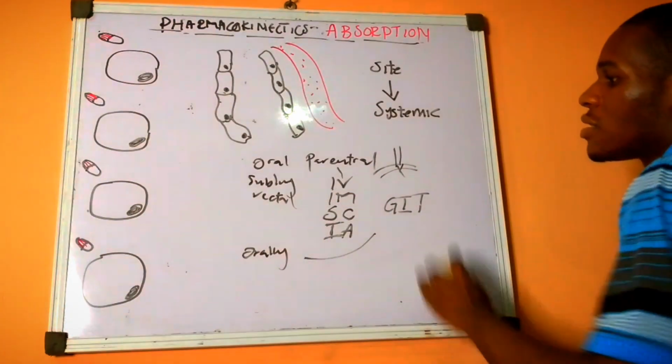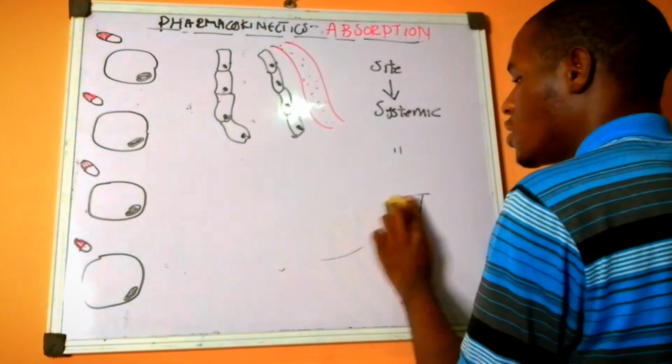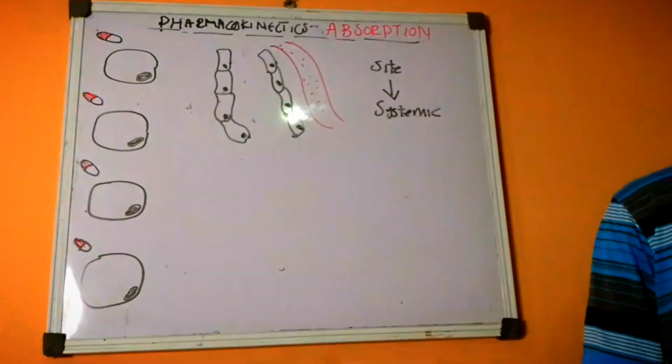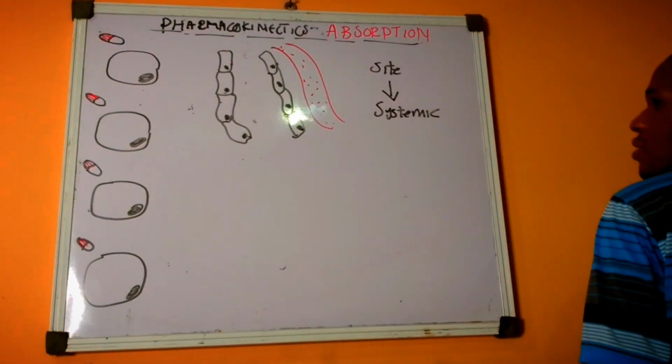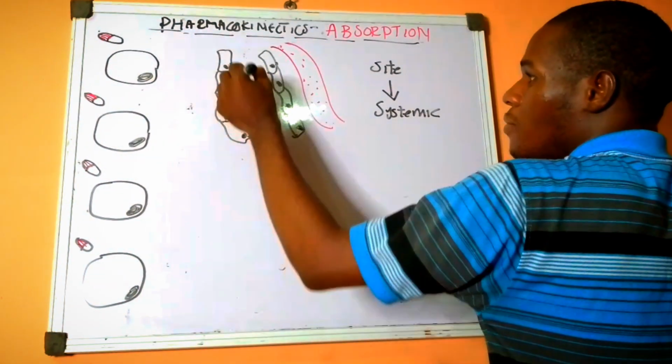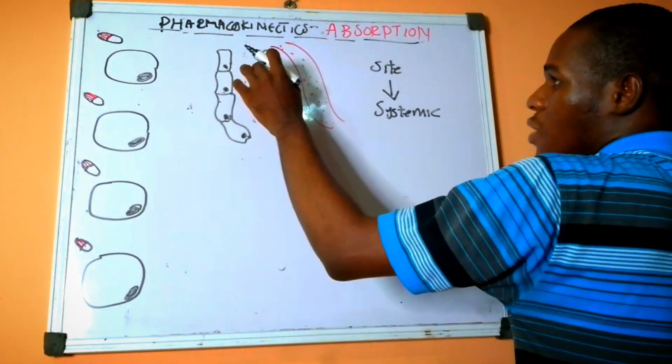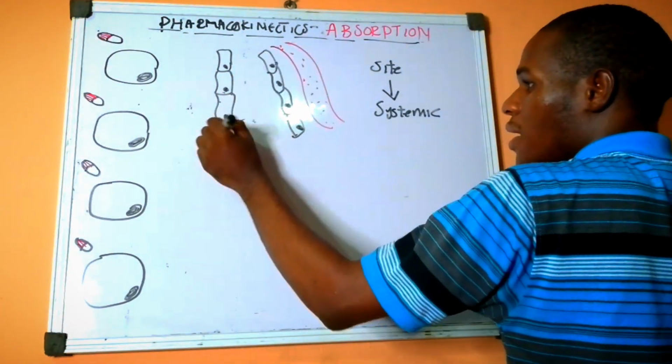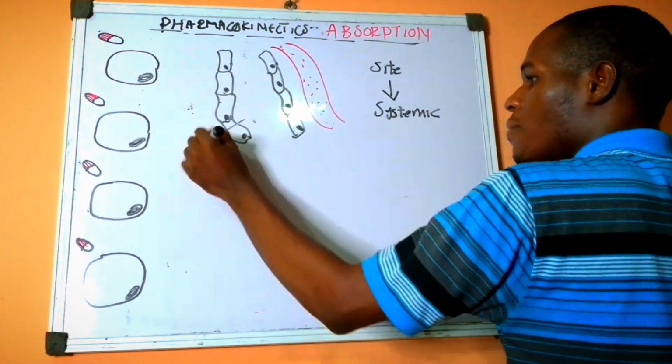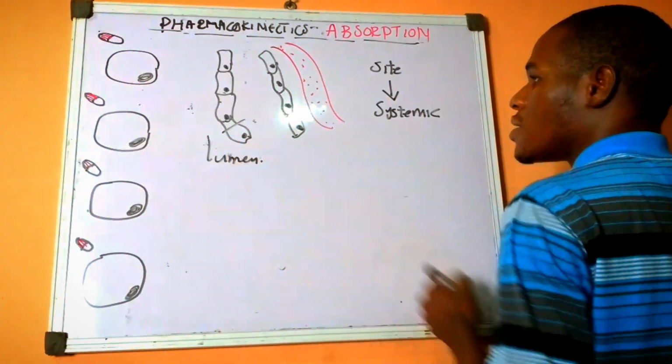Now, let's look at what happens in the lumen of the small intestine. Remember that the small intestine is a hollow tube, right? So this is the lumen of the small intestine.